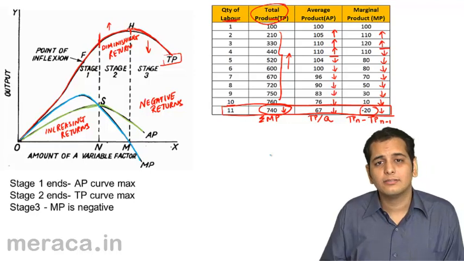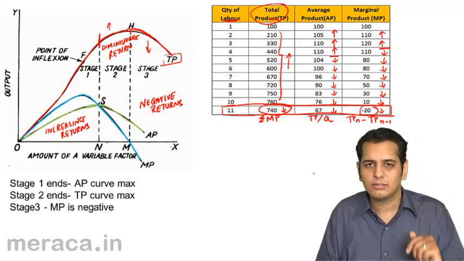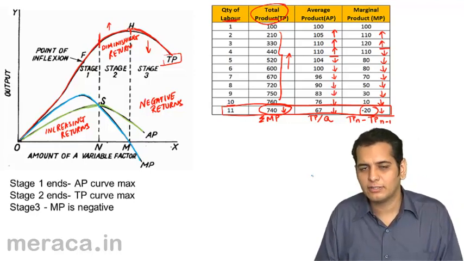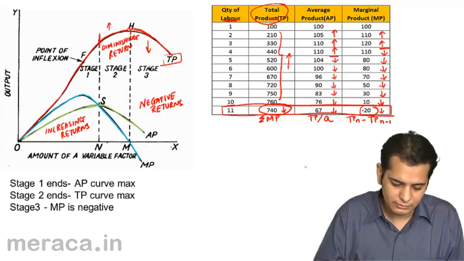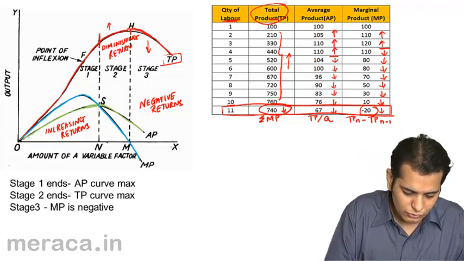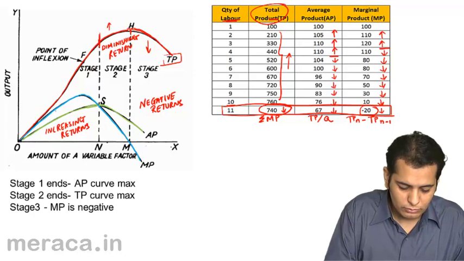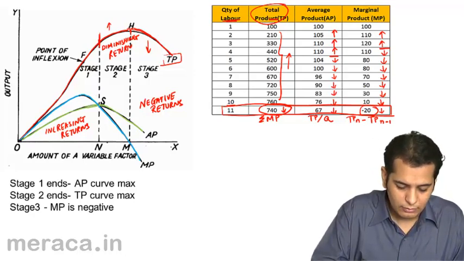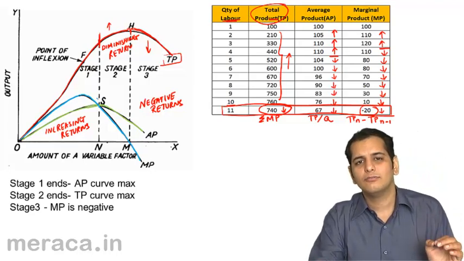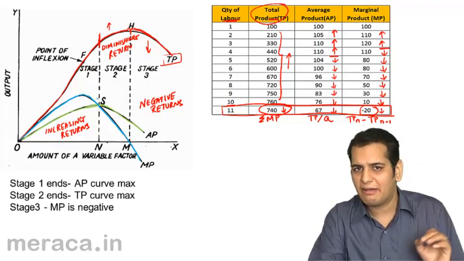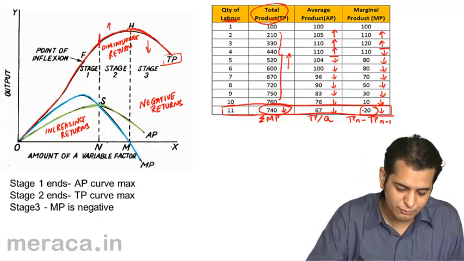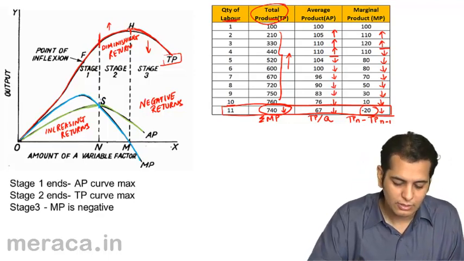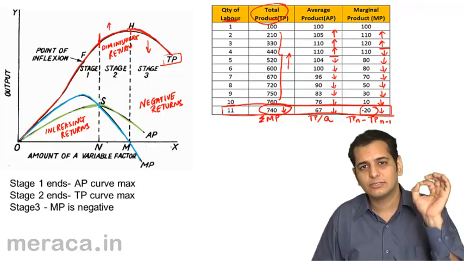Now we've already done the relation between marginal product and the average product in our earlier slides. So the point to note here is the marginal product curve intersects the average product curve when the average product curve is highest, is at its peak.